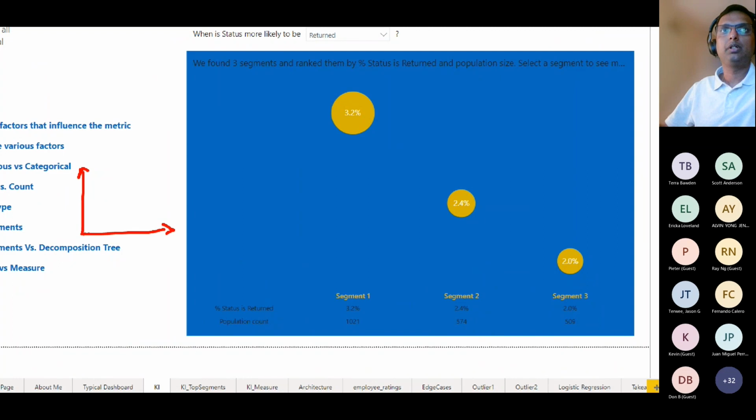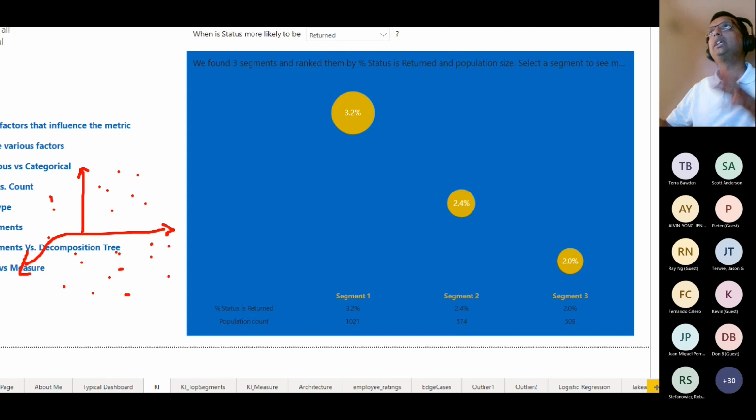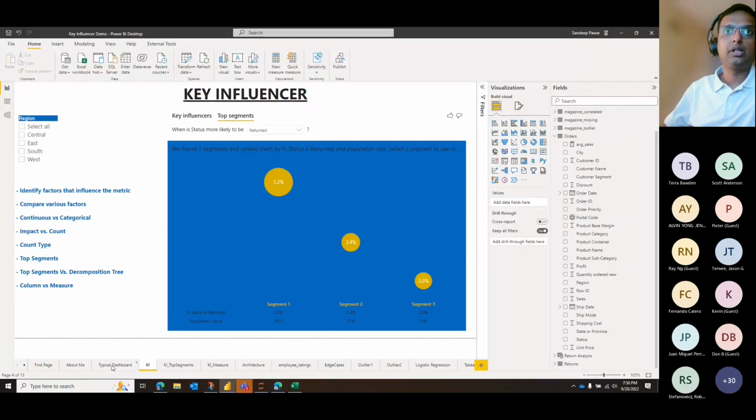What the segmentation does is, imagine, if I were to show this in 2D or maybe even in 3D, let's say do it in 3D, I have all these customers, some in California, some in DC, some of them purchase envelopes, some of them purchase some heavy equipment, some of them use air shipment, some of them use this, that. There are lots of different permutations and combinations, which is what we saw earlier.